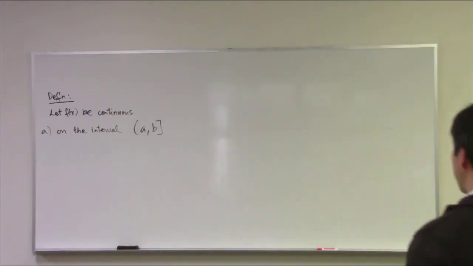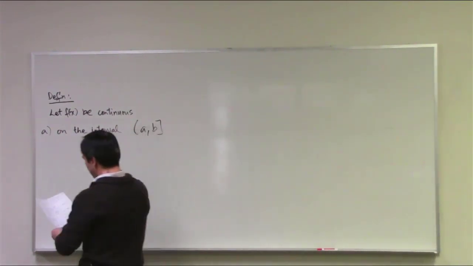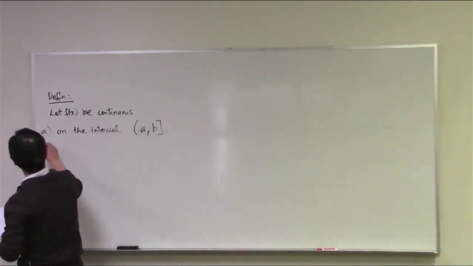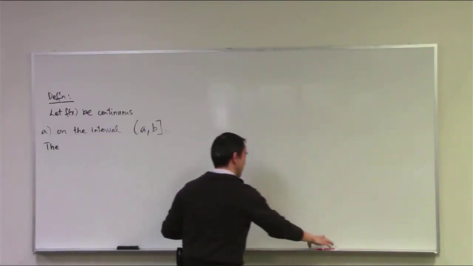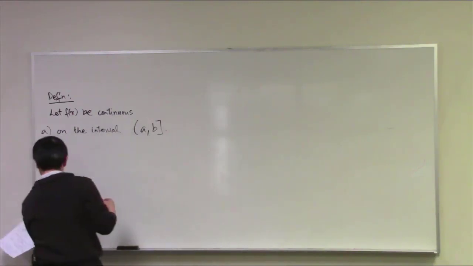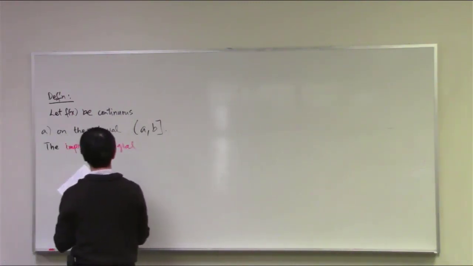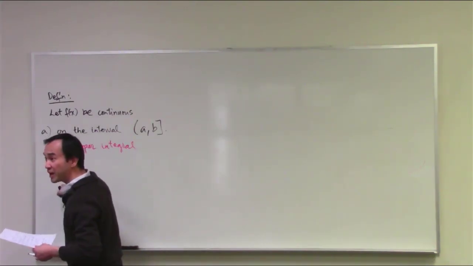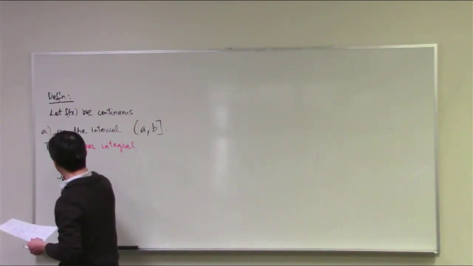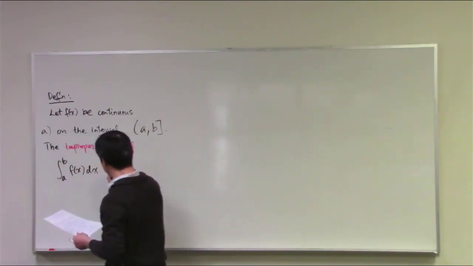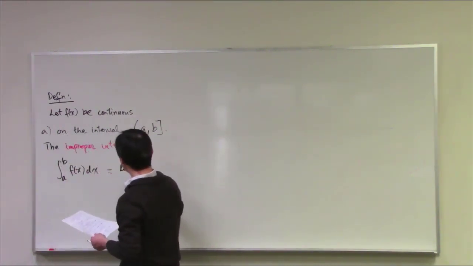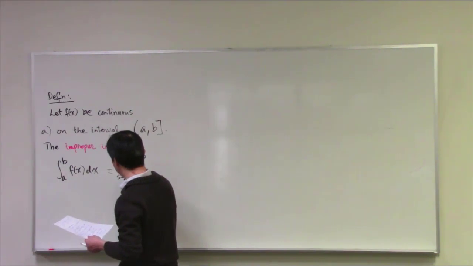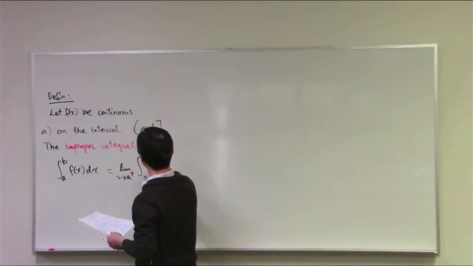So if f of x is a function continuous on that half-open interval, then the improper integral from a to b, where keep in mind we can't substitute a into the function, is defined to be the limit of the integral on the interval from some s to b, when we let s approach a from the right-hand side.